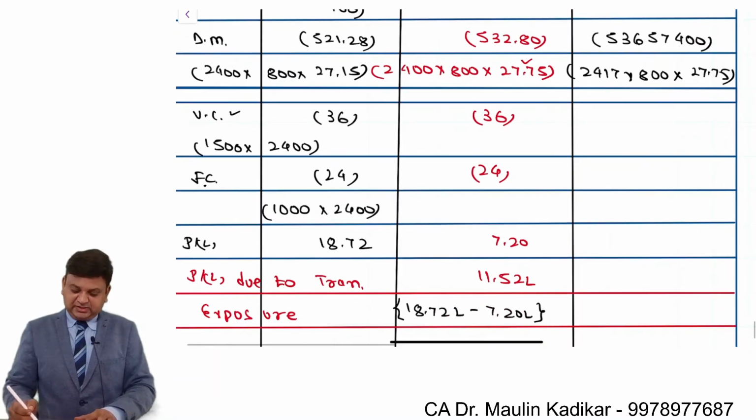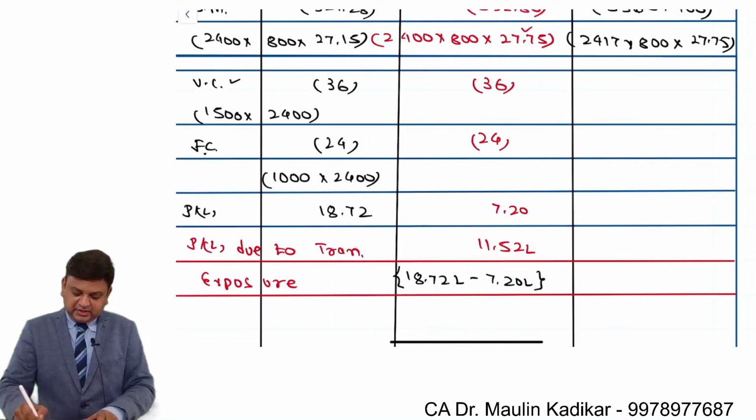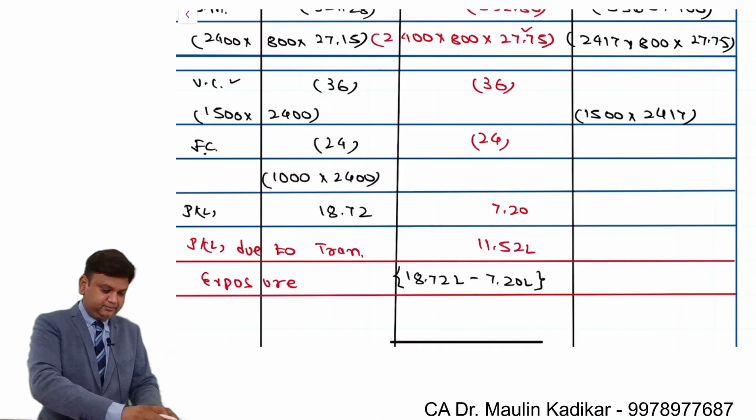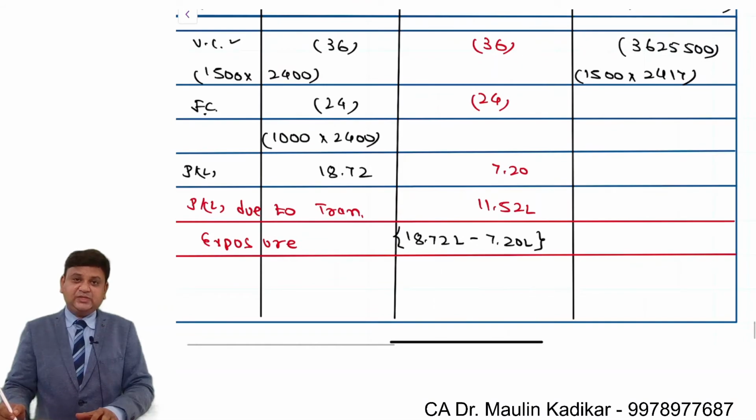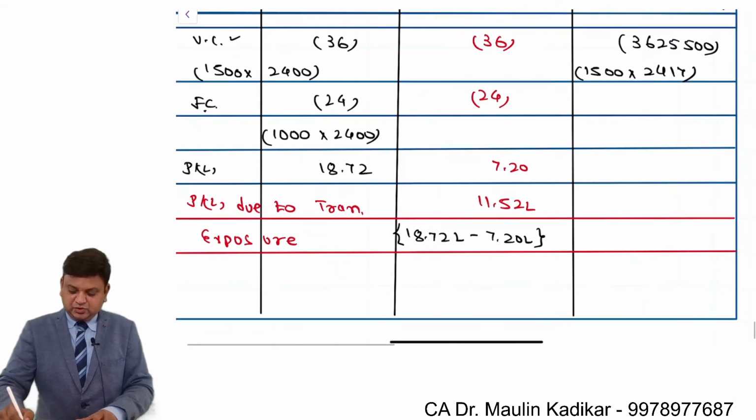Variable cost will increase. So it is 1500 rupees cost per unit into 2417. That comes to 36 lakhs 25,500. As far as the fixed cost is concerned, the fixed cost is going to remain the same, 24 lakhs.